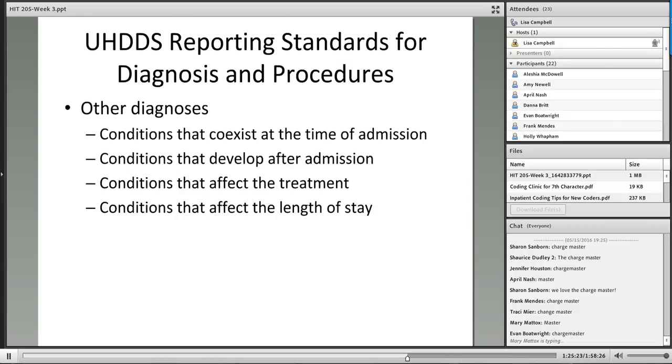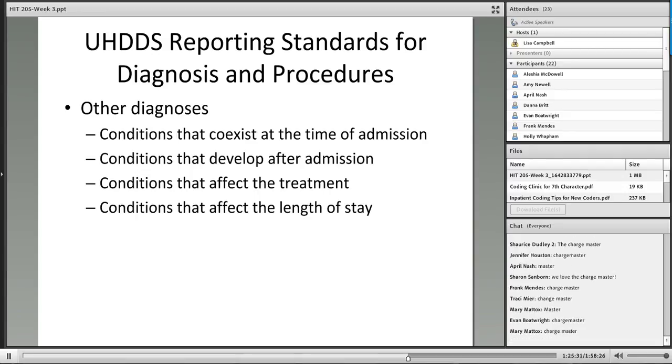Other diagnoses. I got to speed up. One of the challenging things is to determine which secondary diagnoses we need to report. So we saw earlier section 3 of the guidelines where it talked about other diagnoses.